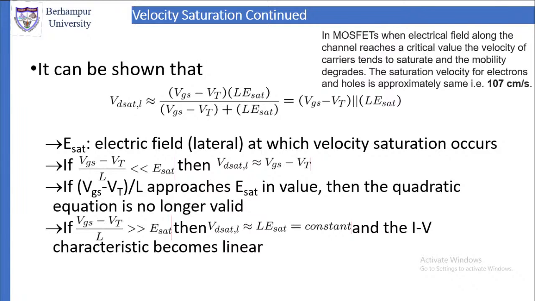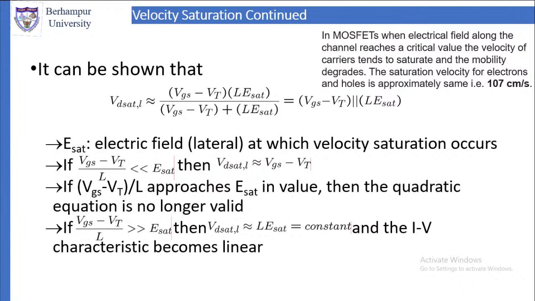Now, in this equation, suppose VGS minus VT by L is much smaller than E saturation. Then VD saturation, or the saturation voltage, will be approximately equal to VGS minus VT. You can see that from the above equation. If VGS minus VT by L is much smaller than E saturation, then VGS minus VT is much smaller than L times E saturation.